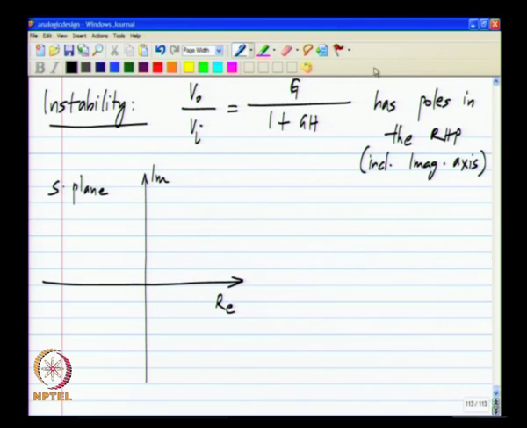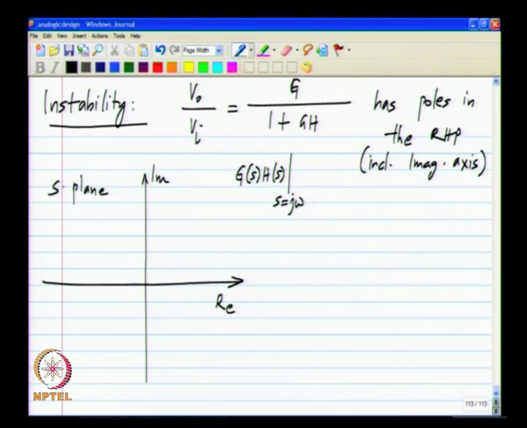So, what you can do is, instead of evaluating G by 1 plus GH and working with the polynomials, you can simply evaluate GH, and that too not everywhere, but on the imaginary axis s equals j omega.